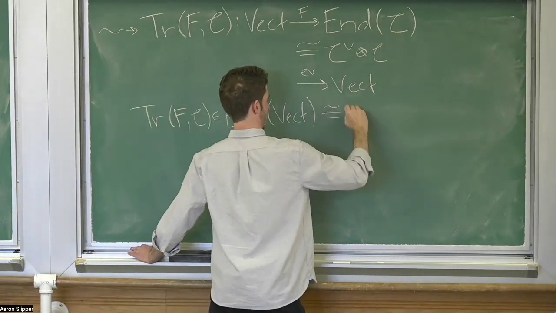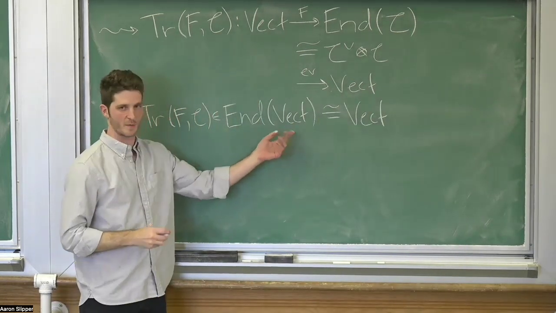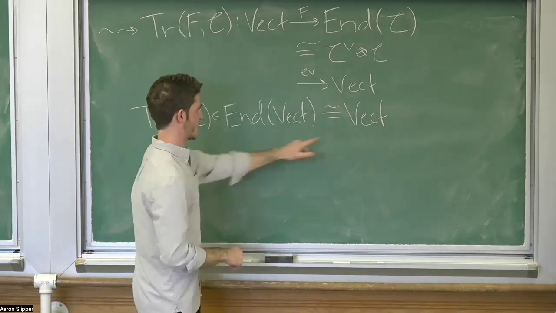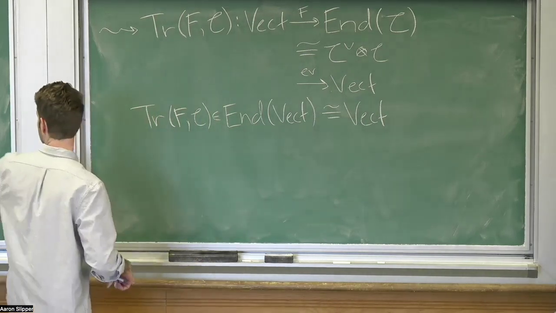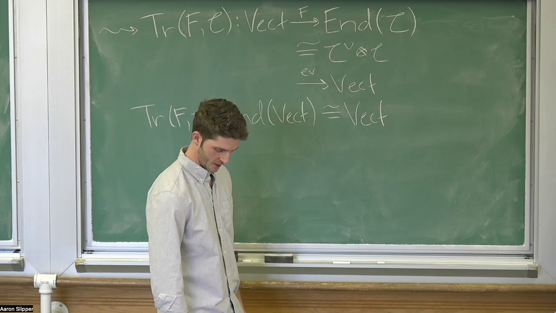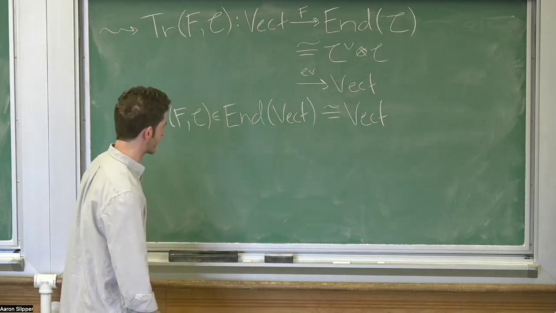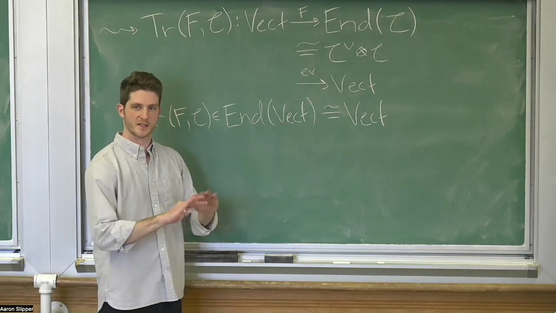And that's just going to identify with a vector space, because such an endofunctor is determined by what it does to the distinguished generator. So this trace is really a complex of vector spaces. So to this data I attached a complex of vector spaces by this totally formal construction. And I could do something similar in any symmetric monoidal category. The only caveat is that all I'll get is an endomorphism of the unit object. That's all I can say.